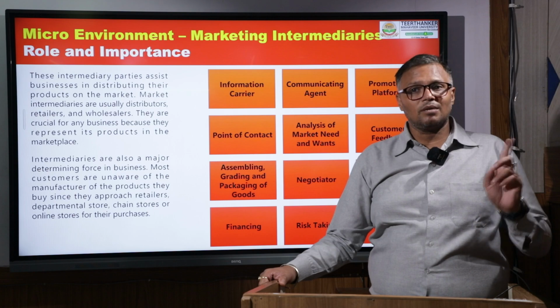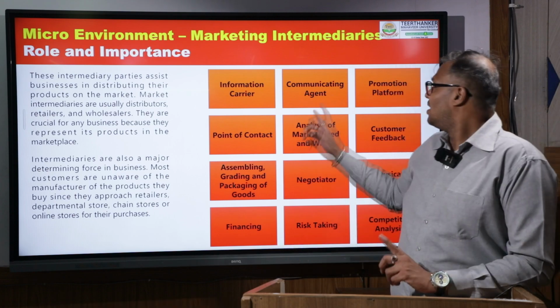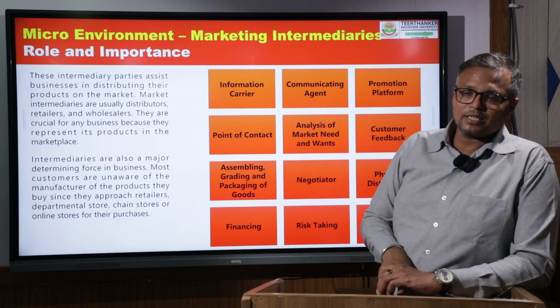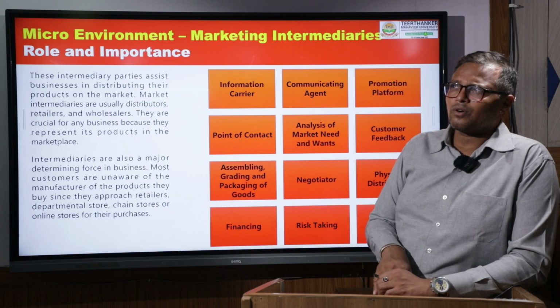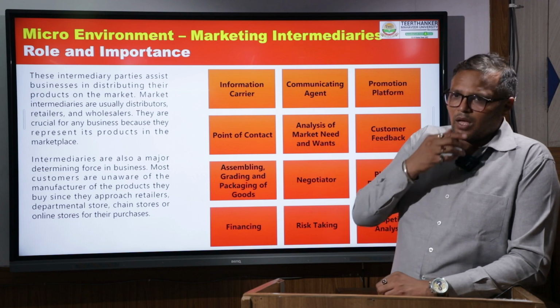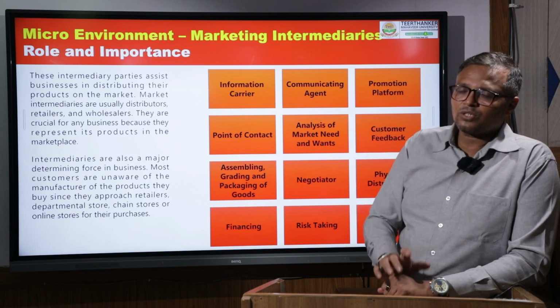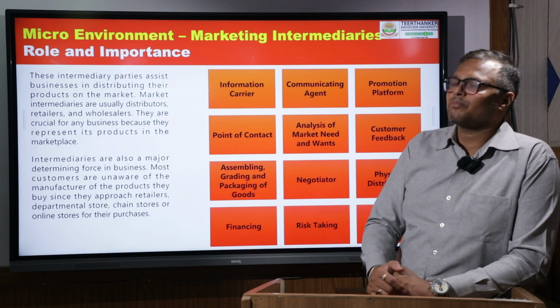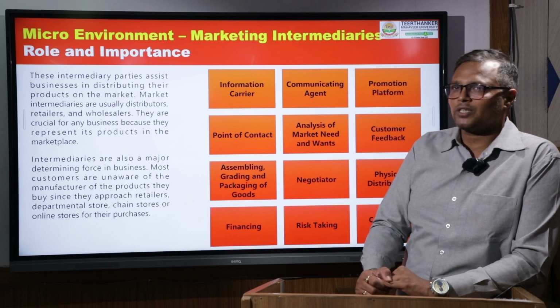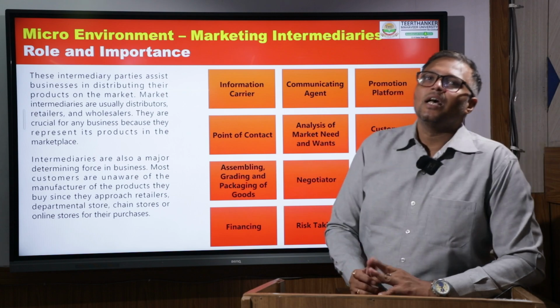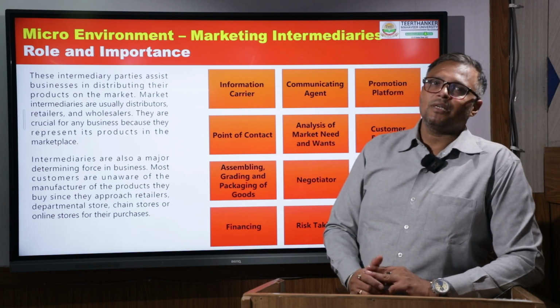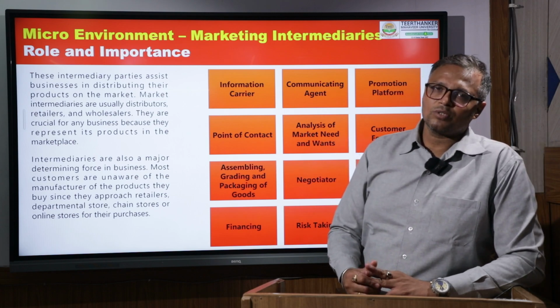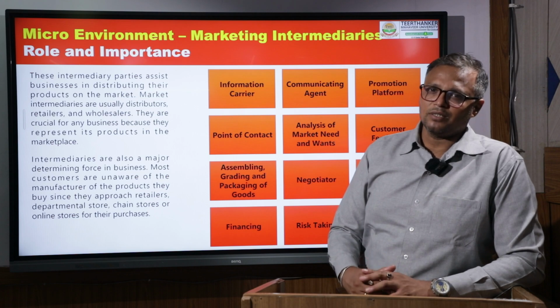Second is communicating. As a communicating agent, the intermediary plays a very strong role. See, the manufacturer is not going to the shop, and people are not purchasing from the manufacturer. 99.9% of things are sold or promoted through channel partners.